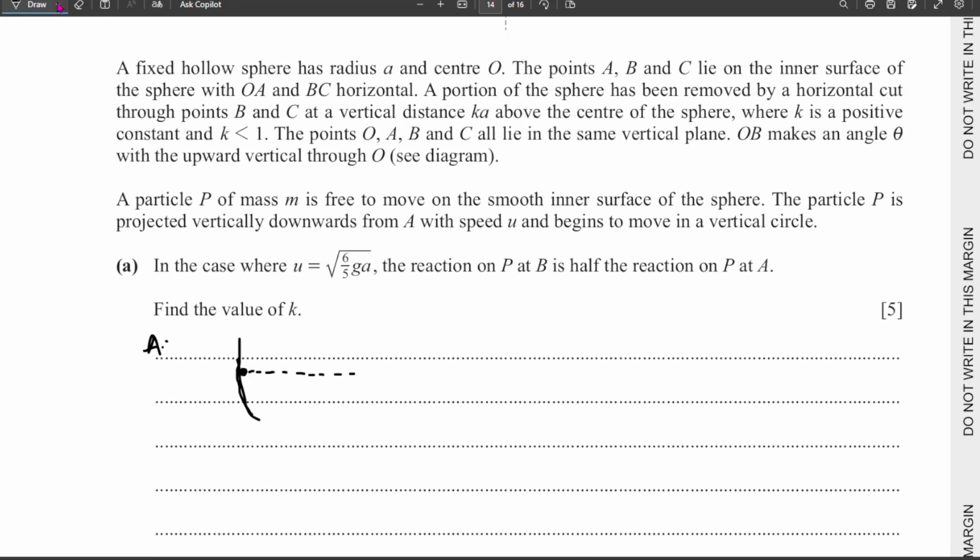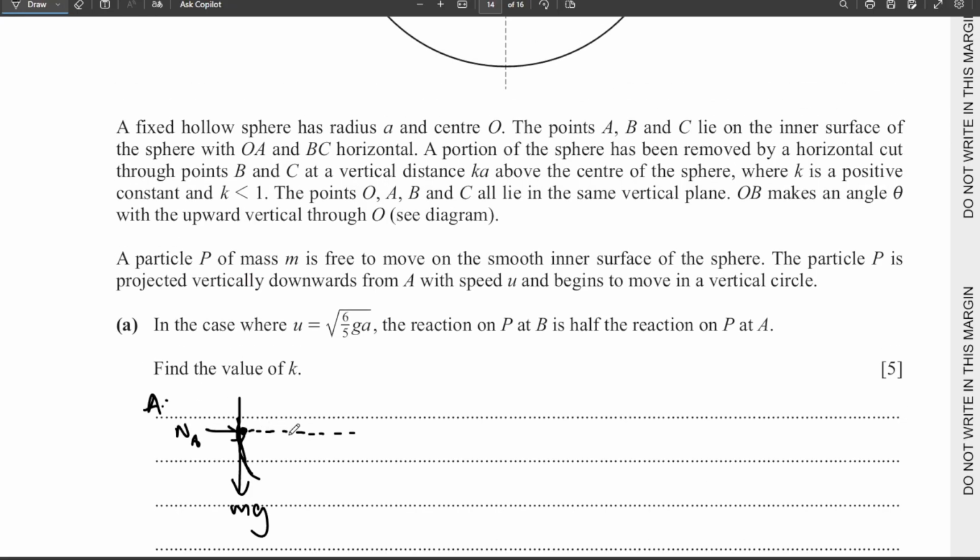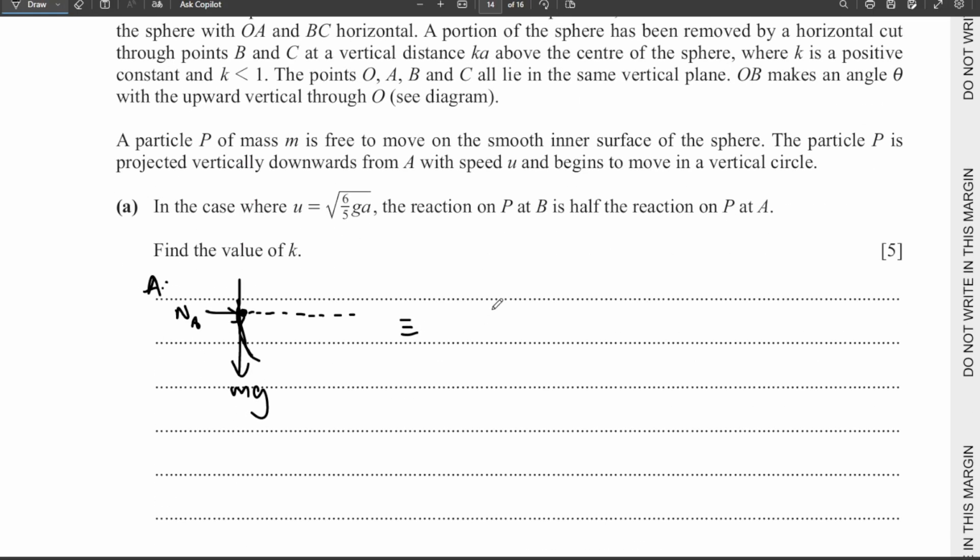The forces we have are the gravitational force, the weight, the normal force or reaction force at A, and also we'll have the resultant force because it's in circular motion. There will be a resultant force going to the center, which is the centripetal force.